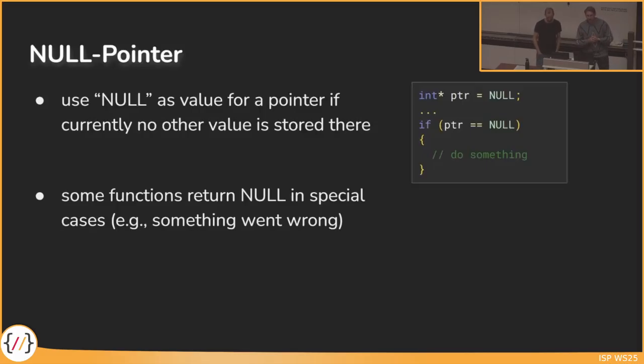For example, you want to store null if you just want to initialize your pointer variable, but you don't have an address already that you want to store in the pointer. So you just initialize it with null, and you can then change it later in your code.